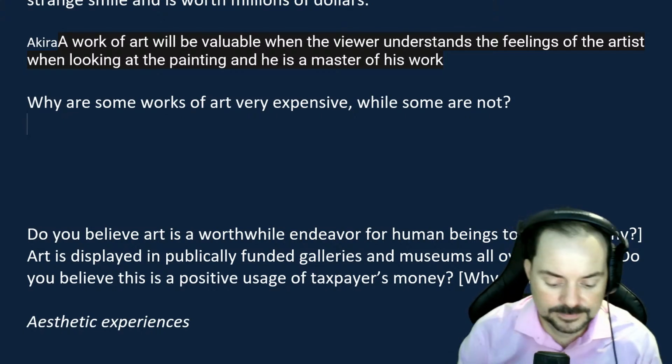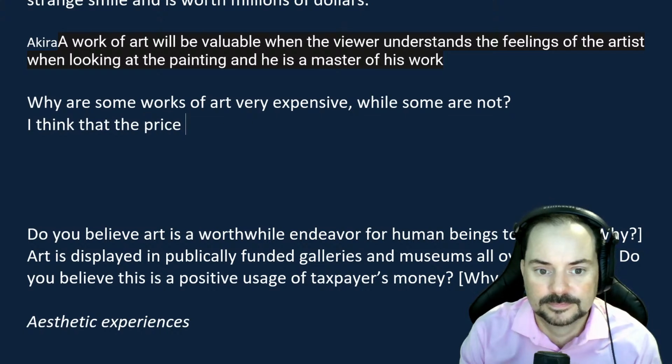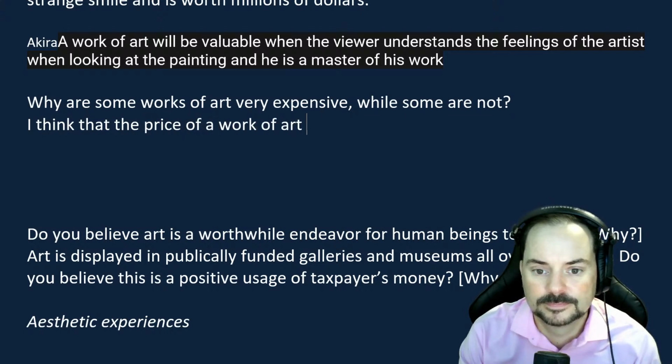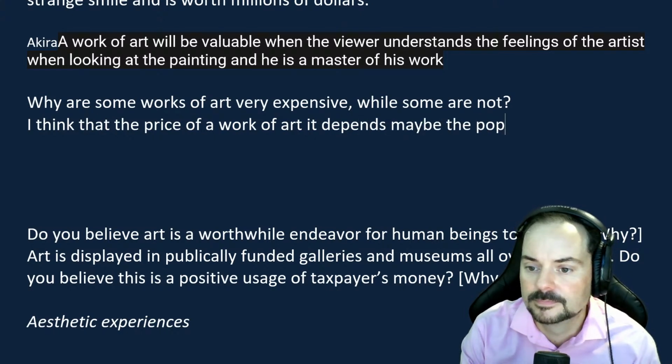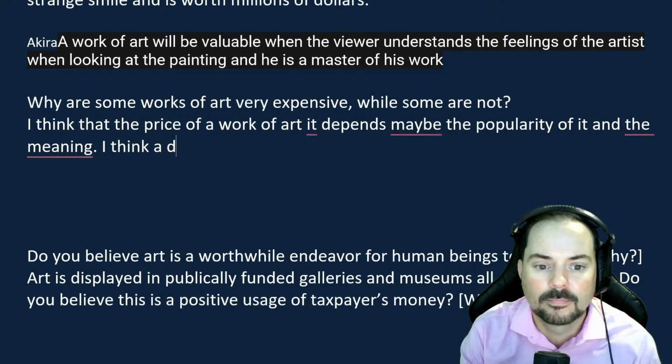I think the price of a work of art depends on maybe the popularity of it. So about the meaning, I think a deeper meaning can attract audience and can raise the price up by a lot.